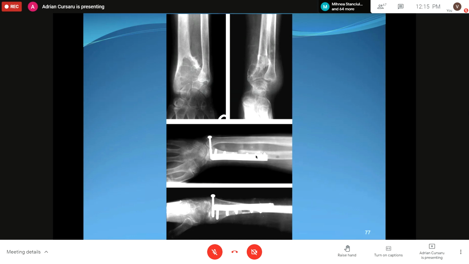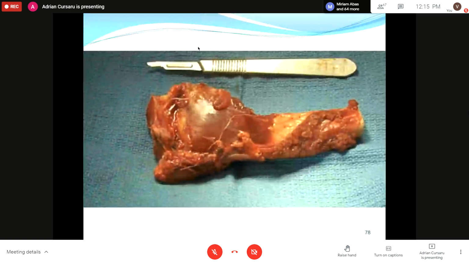That's an example of the aggressive one, where we have to go through normal soft tissue to make the resection, to respect the oncologic type of resection. Yes, it could be a big one, like in that image.